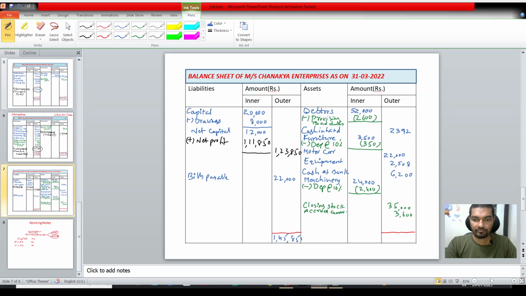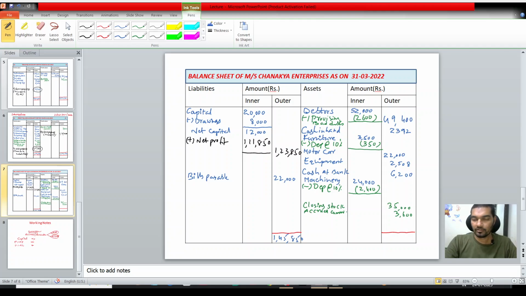And we check the assets also. First 52,000 minus 2,600 is 49,400.